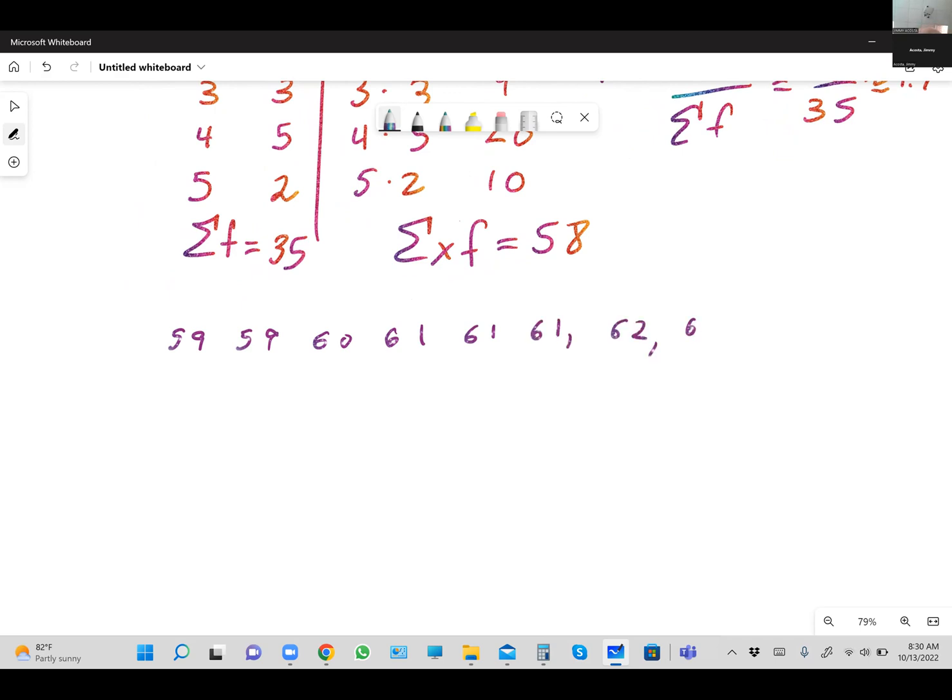Only one of them is 63, then a bunch of 63. Some of you are my height, 65.5, but I'm just going to write 65. Then a few of you are 66, 67. I think the tallest girl in this class is 68.